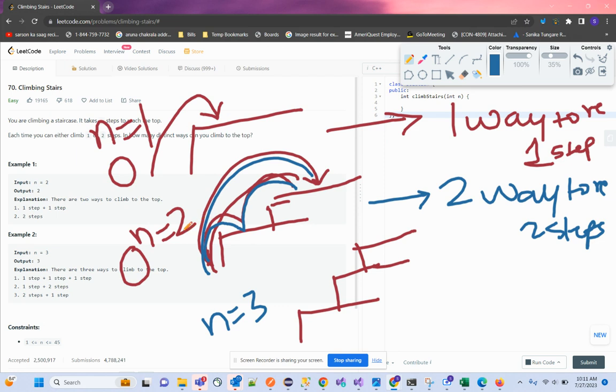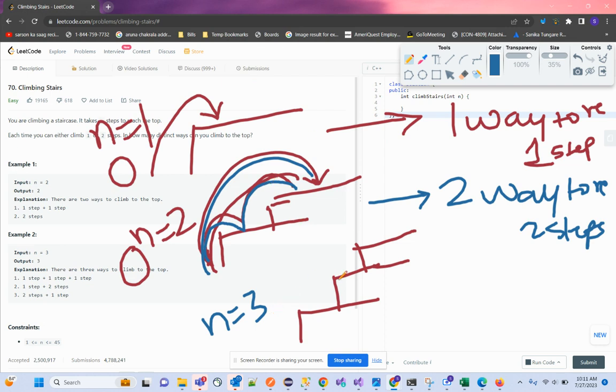Whatever we have calculated, if we store it in some format of an array, then we can use these things to calculate three steps.